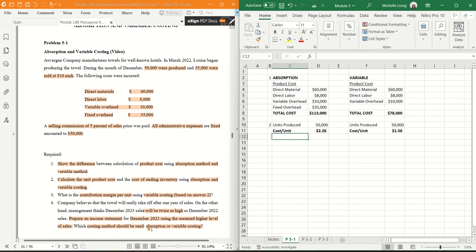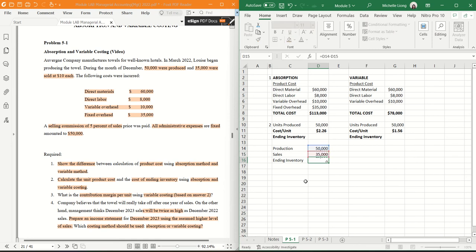The last one is the cost of ending inventory. For ending inventory, I need to know the ending inventory units first in order to do the calculation. So ending inventory is as simple as production minus sales. You produce 50,000, you sell 35,000, right?